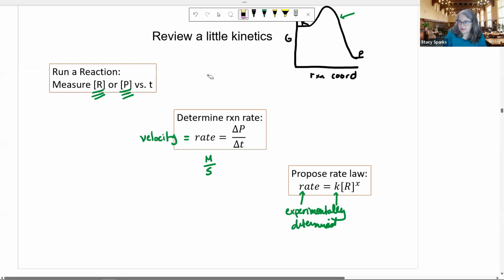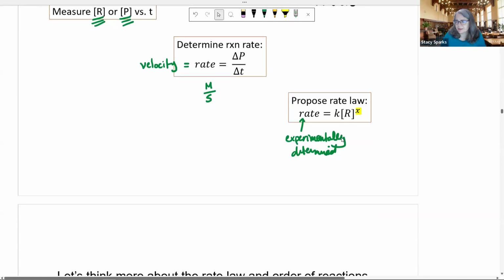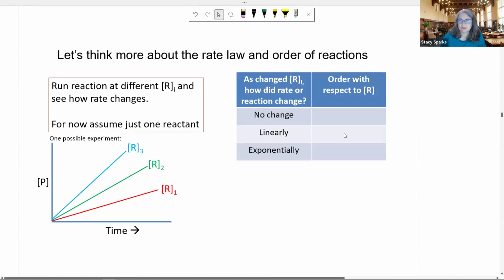And that is not that proportionality constant. Okay, this value, x, cannot be determined just from the chemical reaction, but it can be determined from our experiment. And if you remember from Gen Chem, we talked about method of initial rates, and we actually figured those out. But let's think more about it just in general.